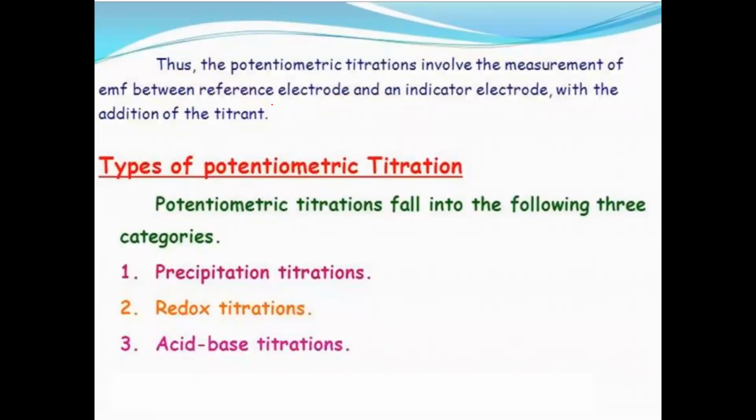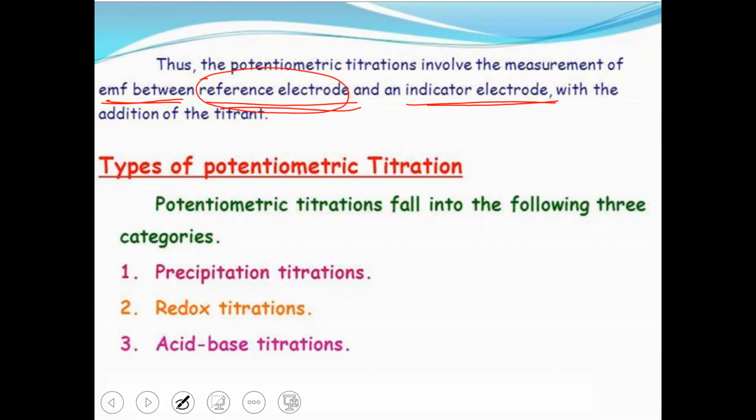Now the potentiometric titration involves the measurement of EMF. Yes, we know that the potentiometer will give the values of EMF. So this titration involves the measurement of EMF between the reference electrode and the indicator electrode. Reference electrode means the calomel electrode, and the indicator electrode means what we are taking in the process.